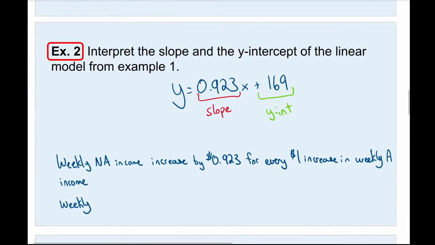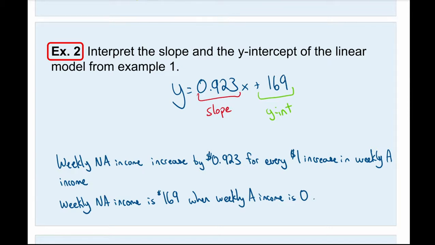So the weekly non-aboriginal income is $169 when the weekly aboriginal income is 0.